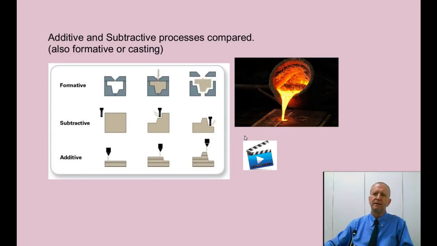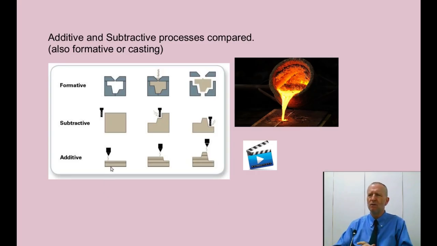Now, subtractive is when we start with a block and we slowly take away the block until we get the shape that we want. Additive, on the other hand, is we start at the bottom.